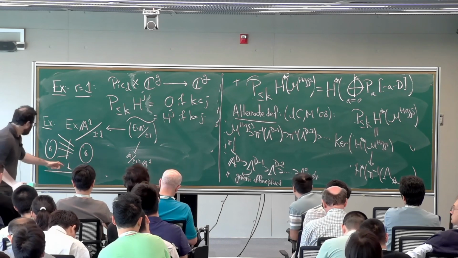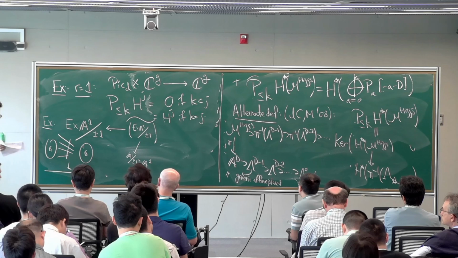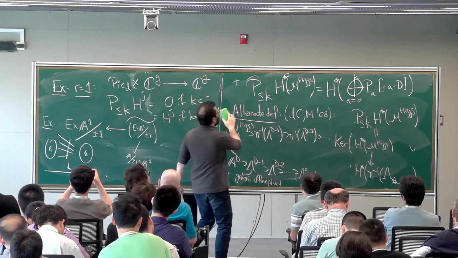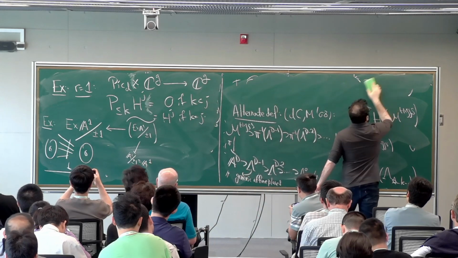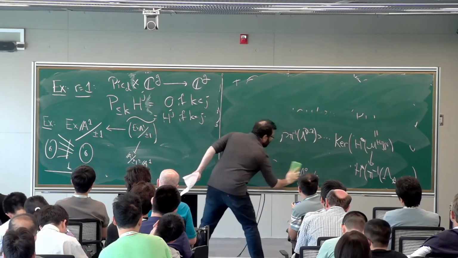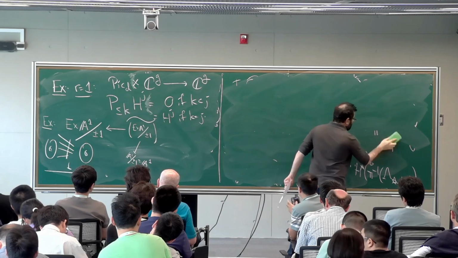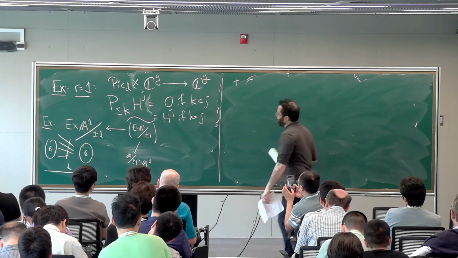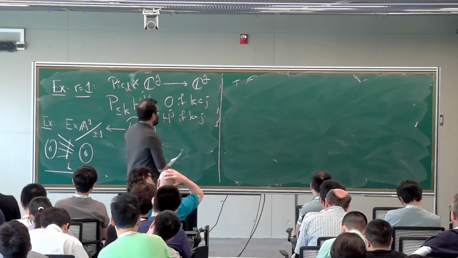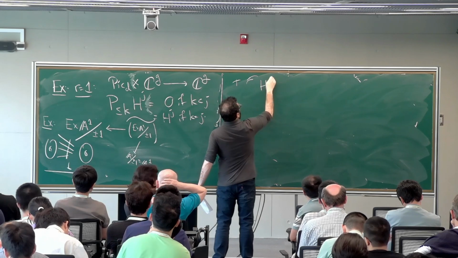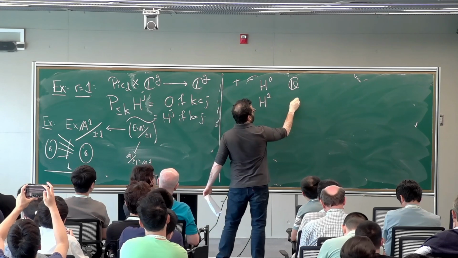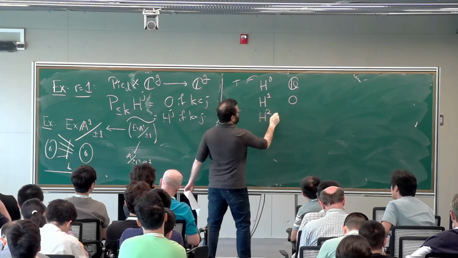Because there's just one singular fiber, I can just deformation retract everything onto that central fiber. So in H0, I get something one-dimensional. H1, I get something zero-dimensional. And H2, I get something five-dimensional.